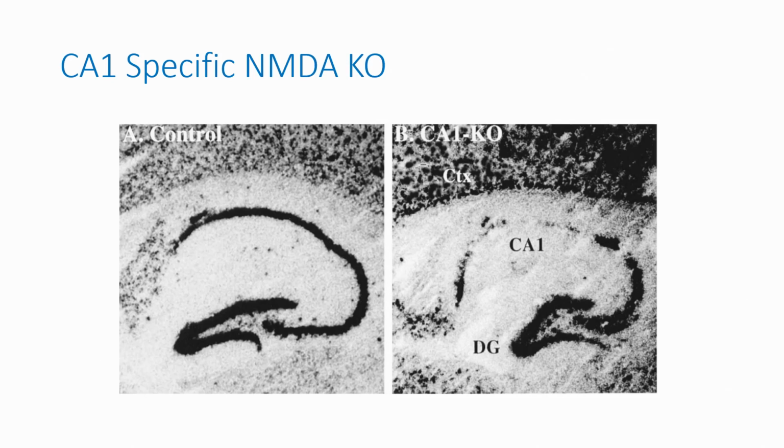These receptors are proteins, and proteins are expressed in a living system by translation from mRNA. So you are looking at the mRNA stain here, and you can see that the stain is missing specifically in the CA1 region.